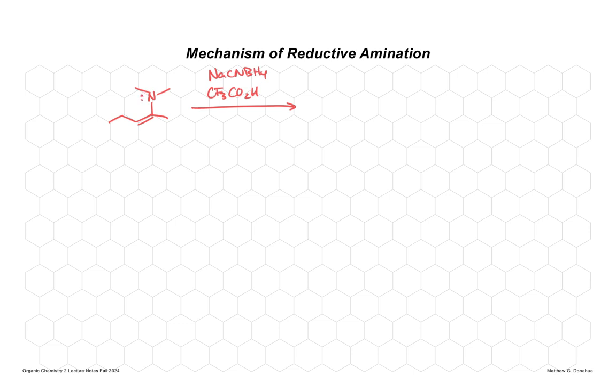So notice the position of the double bond. The amine at this point does not get protonated. Enamines have a significant resonance form.